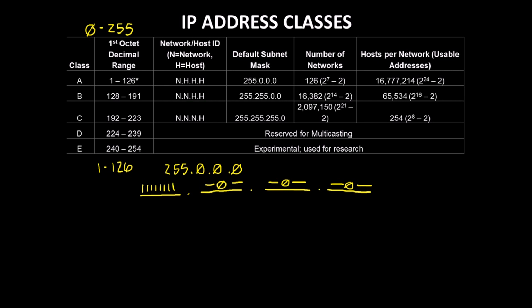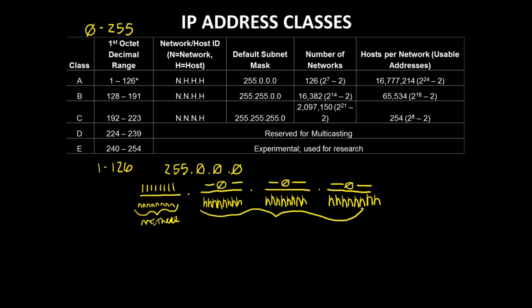You know, because these are turned on, that they are written as the network. So this octet right here belongs to the network. These will all be written as hosts. So all of this belongs to the hosts.